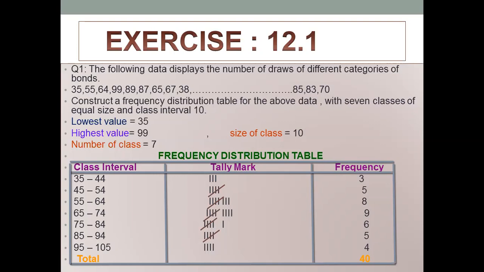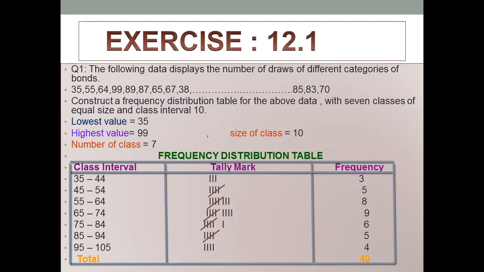Now come to the next column. This is the tally mark. In your data you check how many numbers lie between 35 and 44. You cannot write 36, 37, 38. You will check how many numbers lie between 35 and 44 which are given in the question.